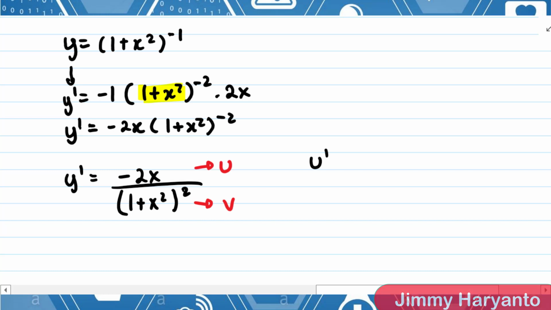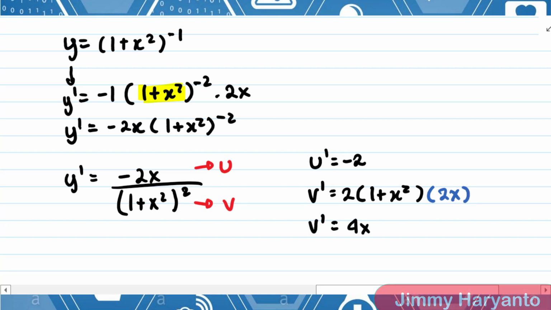For the u, I will find the u accent first. It will become negative 2. And for the v accent, I will have 2 times (1 plus x squared) to the power of 1. Chain rule, yeah. Don't forget to times it again with the differentiation of the inner function. So the v accent will be 4x times (1 plus x squared).